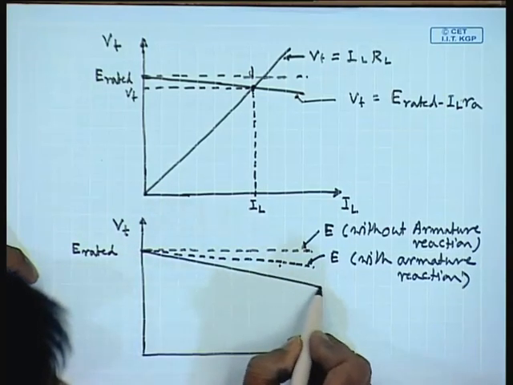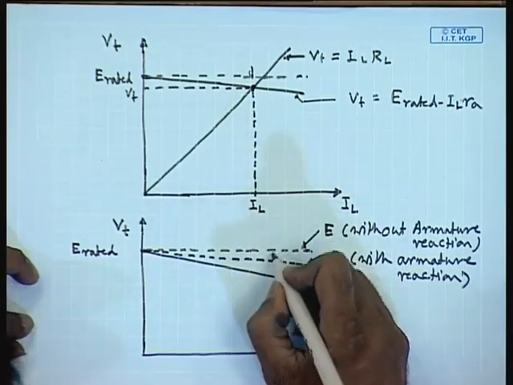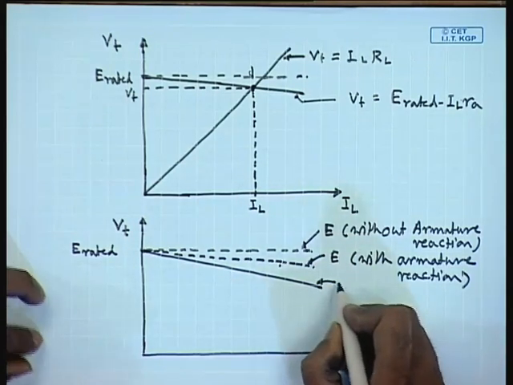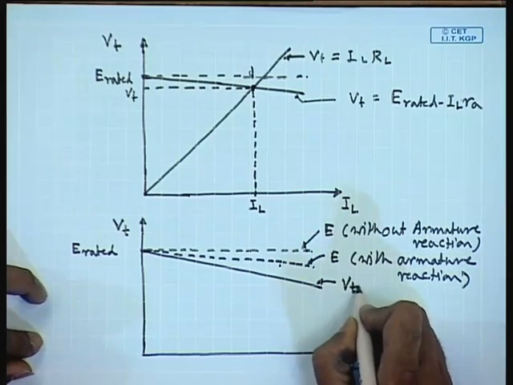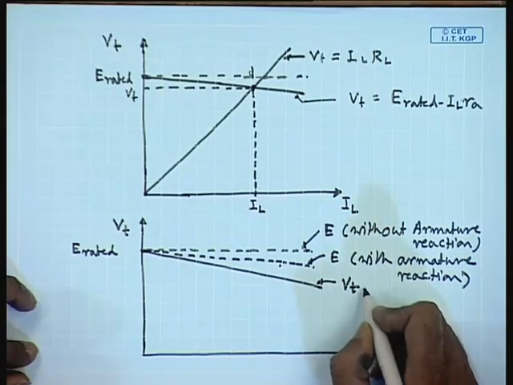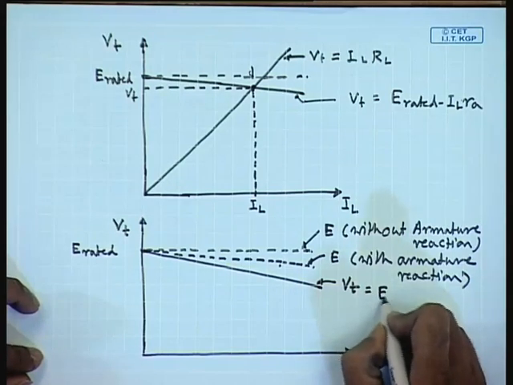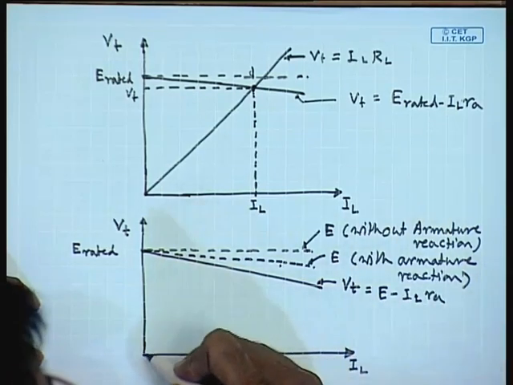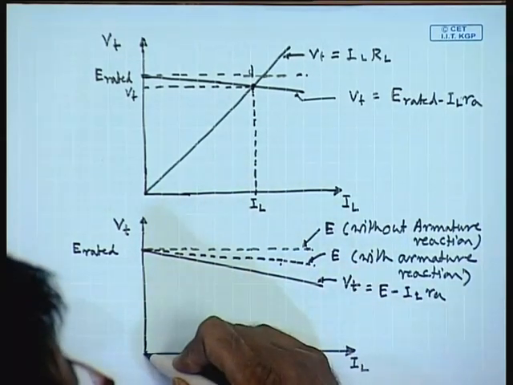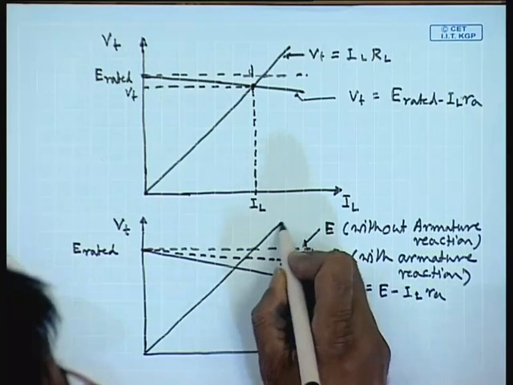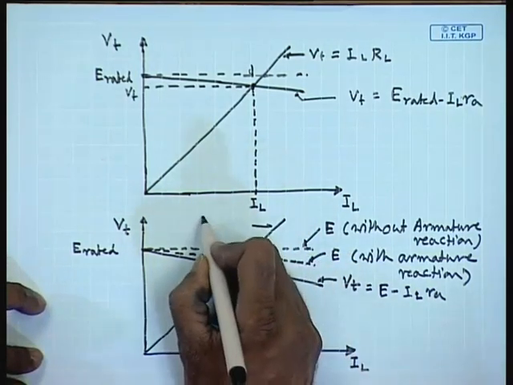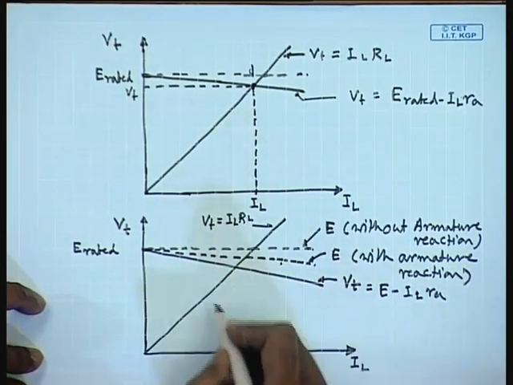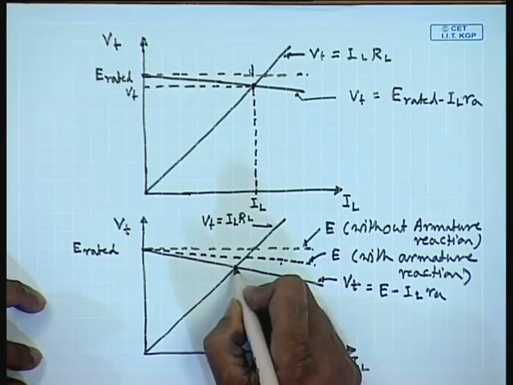Therefore, this is V t equal to E minus I L R a, and this is the load line V t equal to I L R L. The intersection point is here.